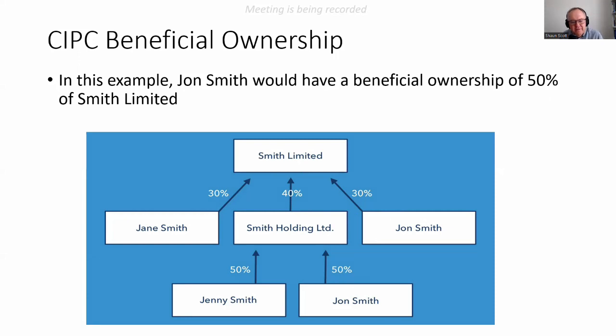That's one of the reasons for this focus on beneficial ownership, because companies get very creative in putting together different trusts, companies and various structures to try and influence the way in which a company looks from an ownership perspective. And so the focus on beneficial ownership is to really try and resolve that.